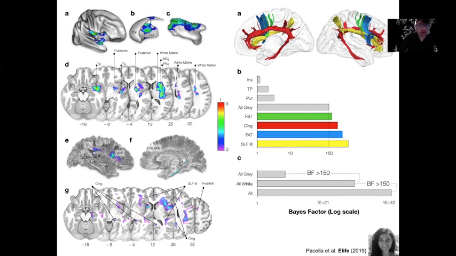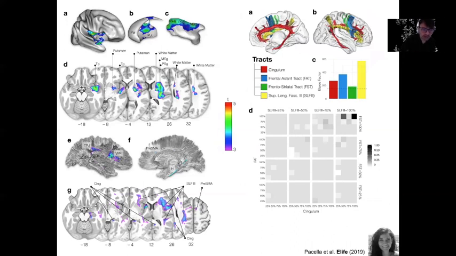But most importantly, if you combine those disconnections together, you have really the best prediction of anosognosia for hemiplegia.